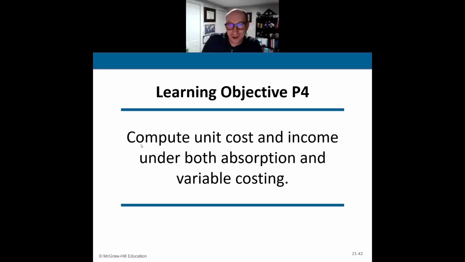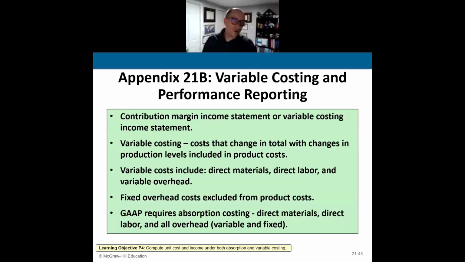We'd also calculate and compute under both absorption and variable costing, which I think we talked very briefly about in a previous chapter, but just to remind you of what absorption and variable costing are: we're looking at ways where we can, as the name implies, absorb the cost collectively.